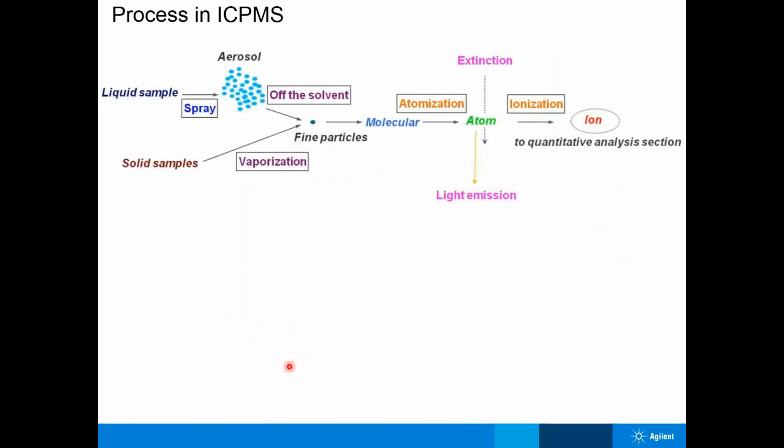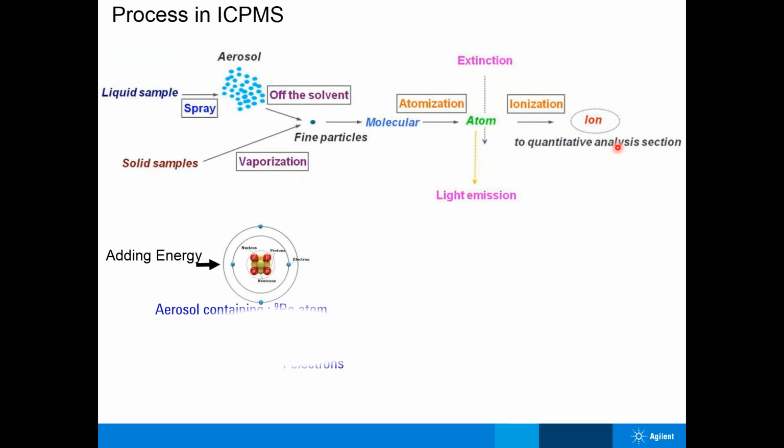Talking about the process in ICP-MS. In ICP-MS, basically the liquid sample is converted into aerosols, where fine aerosols enter into the plasma for atomization, followed by ionization. So here is an example with beryllium. When we are adding energy to the beryllium atom, what happens?